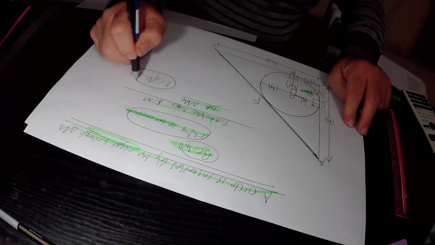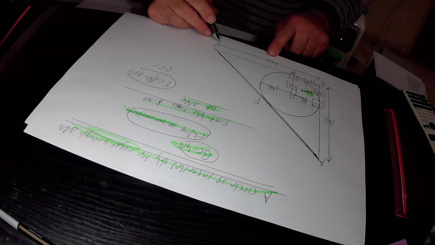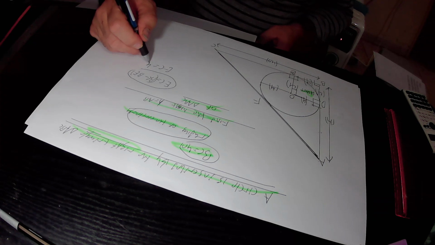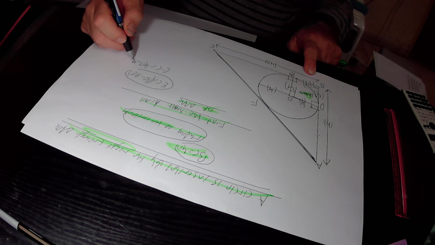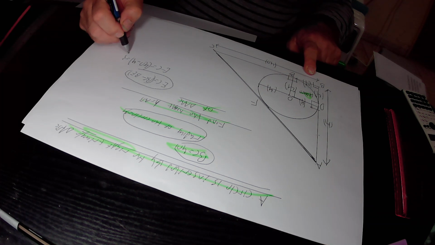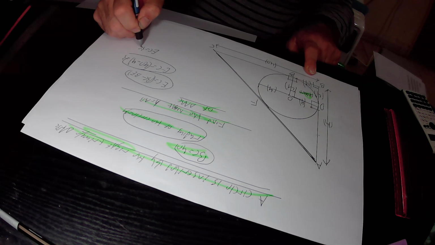So EC in total equals BC, which is 40 according to what is given in the question, minus BE, which equals 4. So in total EC equals 40 minus 4, that is 36. EC equals 36 units in length.